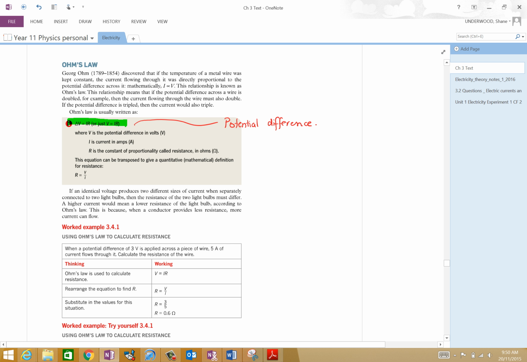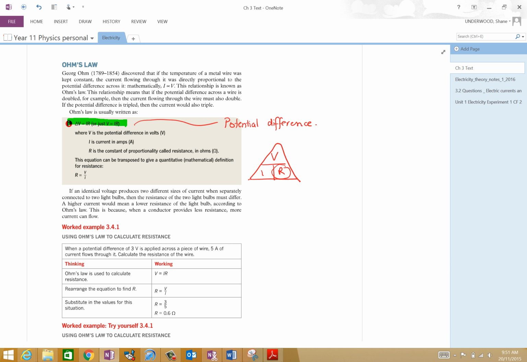And of course, you guys in Year 9 would have seen this, so you didn't have to rearrange formulas. I don't want you to. We have to be able to rearrange formulas ourselves, okay? Voltage equals the current times the resistance. Resistance is equal to the voltage over the current.